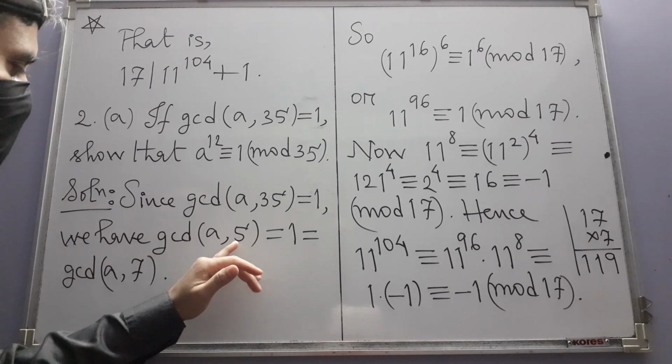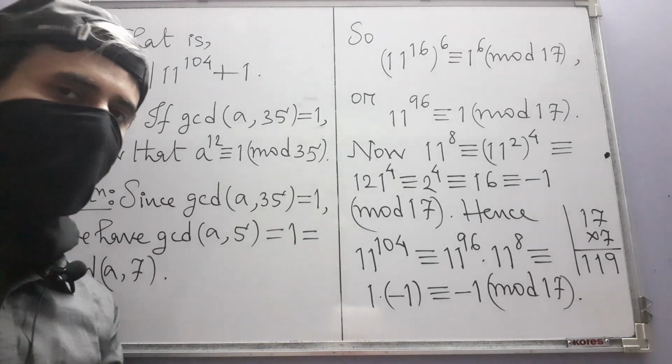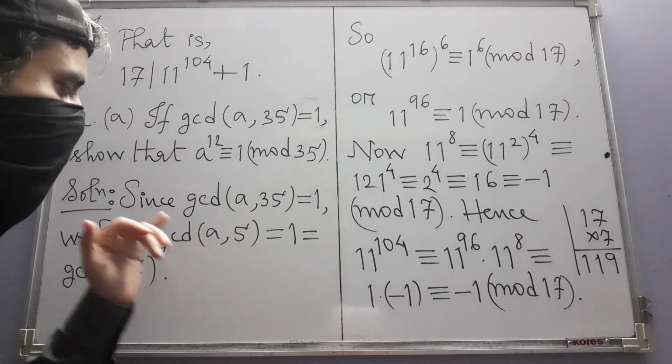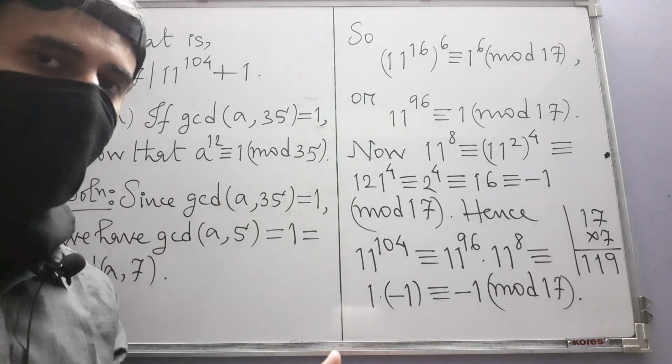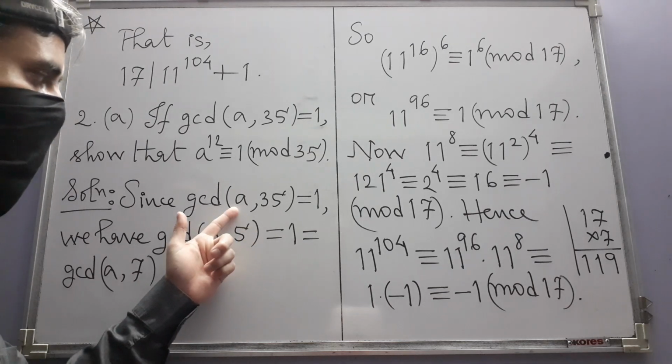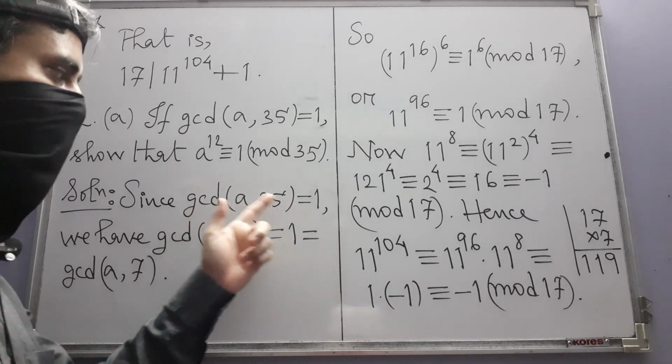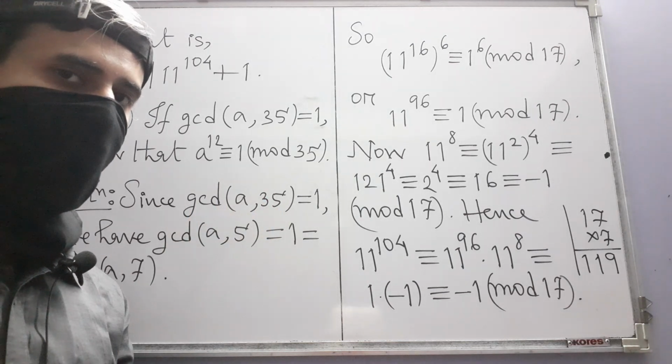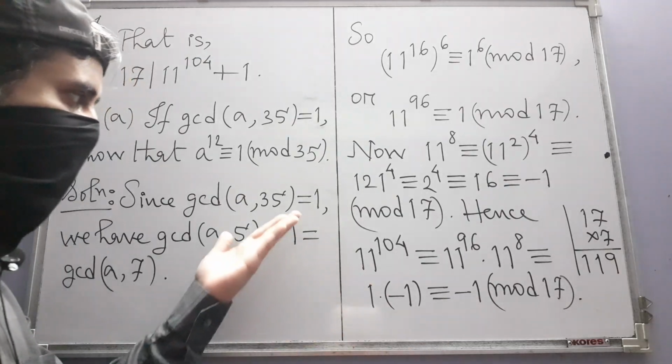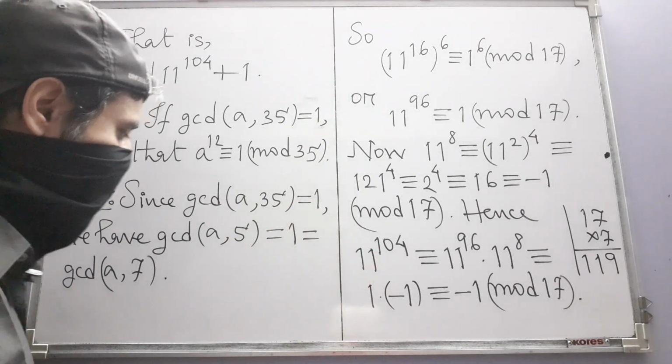Because if not, say a and 5 are not relatively prime, then 5 being a prime would imply that 5 divides a. But if 5 divides a, then 5 becomes a common divisor of a and 35, which is greater than 1. So how can the greatest common divisor be 1? That is why.